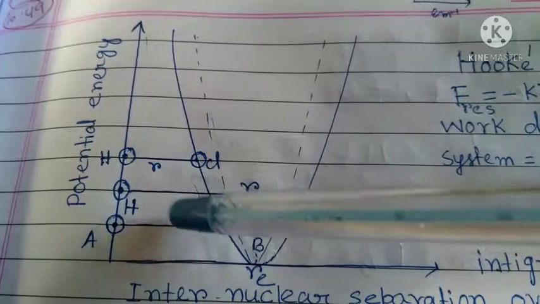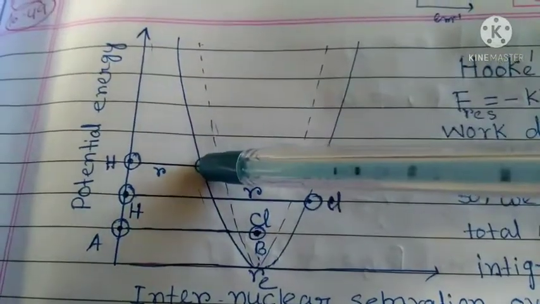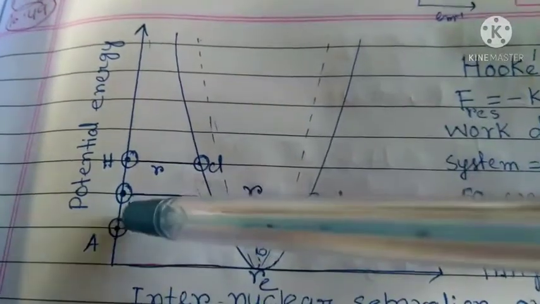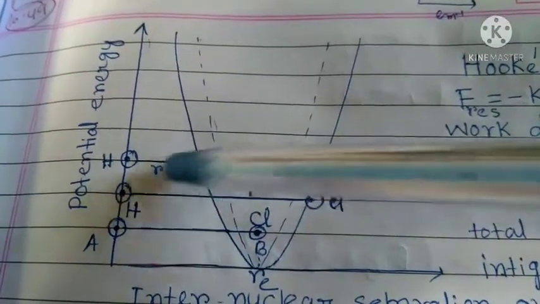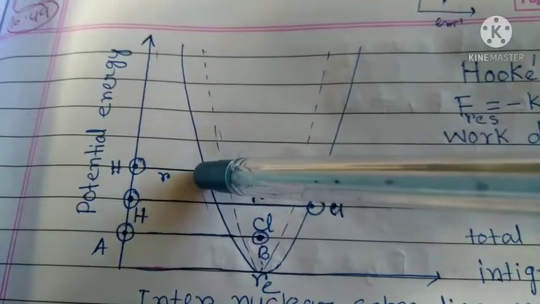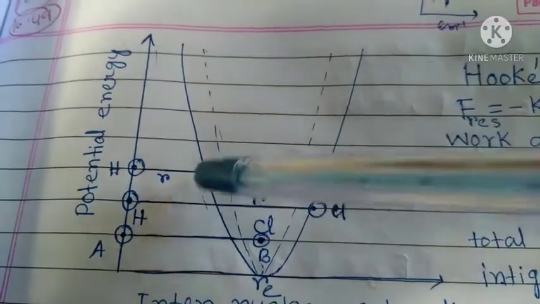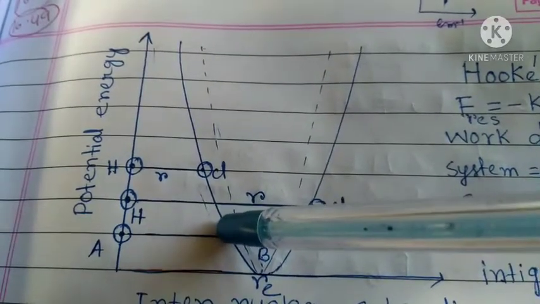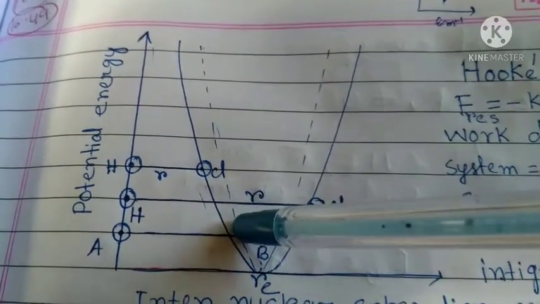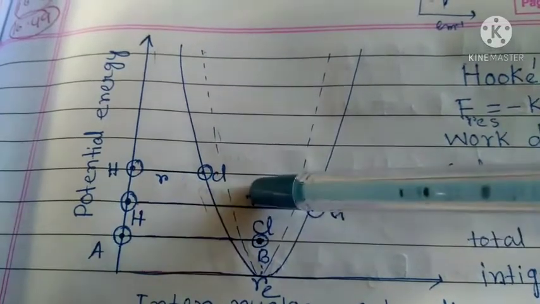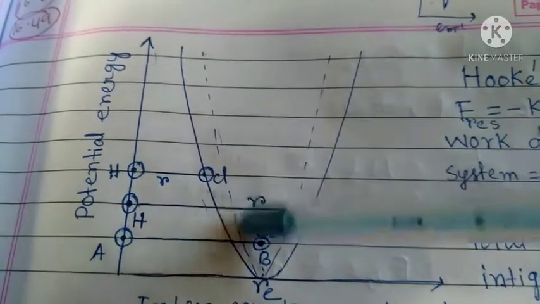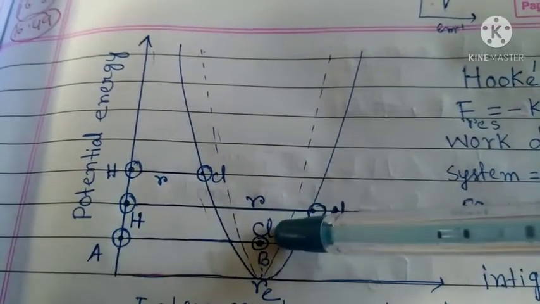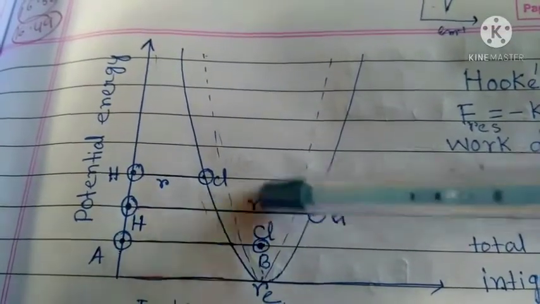When it starts interacting with the light, the bond distance will no longer be R equilibrium. It could either be elongated or compressed. Due to this, the molecule goes from a lower energy level to a higher energy level, and during this process the bond distance between H and Cl atoms keeps on changing.